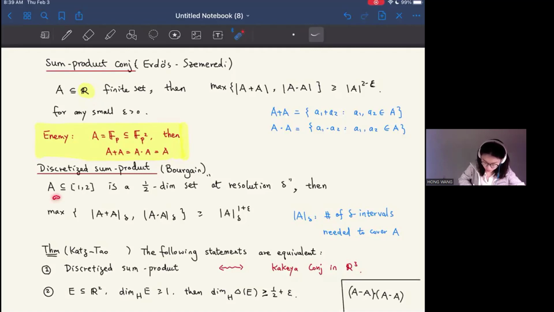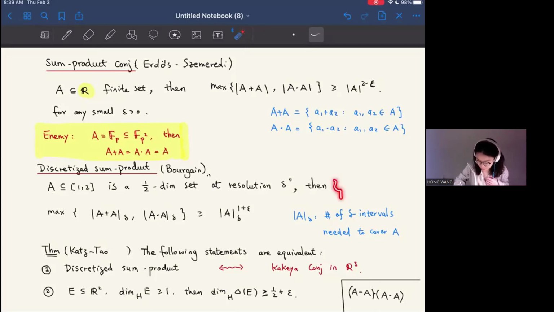That is, if A is a subset of the interval 1 to 2, where 1 to 2 is just to make the product set make sense, and A is like a half-dimensional set at resolution delta, then the maximum of the delta covering number of A plus A and the delta covering number of A times A is greater than the delta covering number of A to the power 1 plus epsilon.